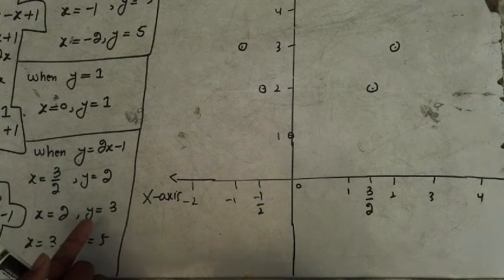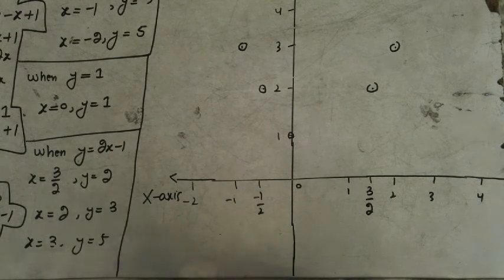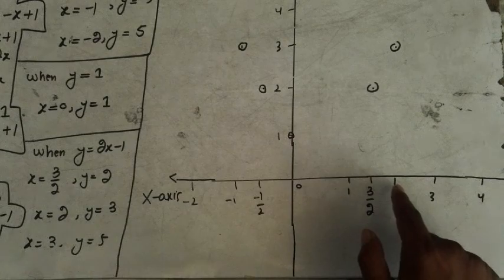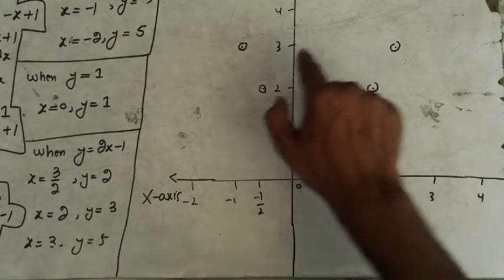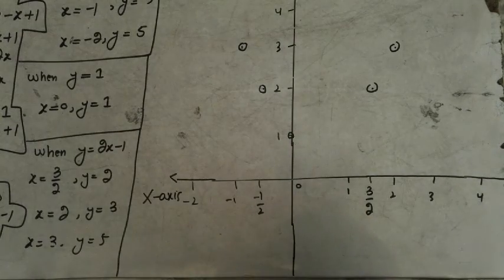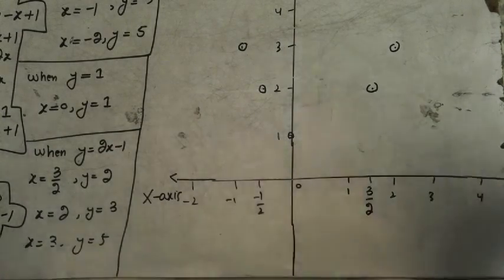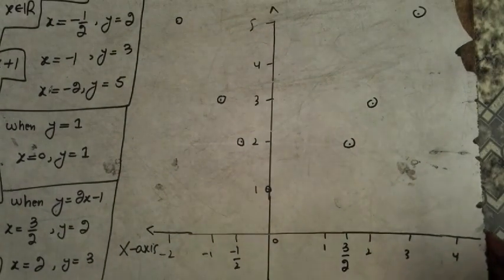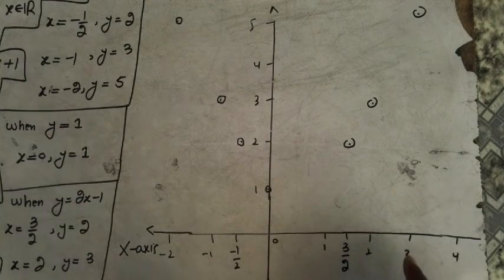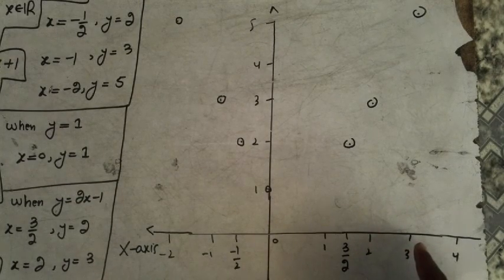And when the value of x is 2, then the value of y will be 3. The value of x is 2 and the value of y is 3. When the value of x is 3, then the value of y will be 5.